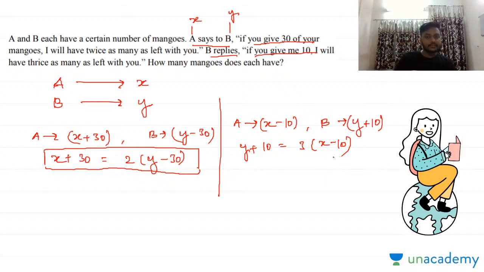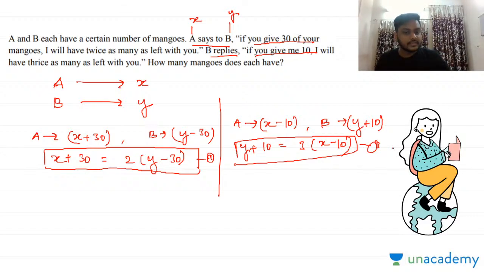And if you see, guys, here is how you got your two equations. This is your first equation, this is your second equation. And by using both of these equations, you can clearly and simply find out the value of X and the value of Y. Correct? Let's do it.